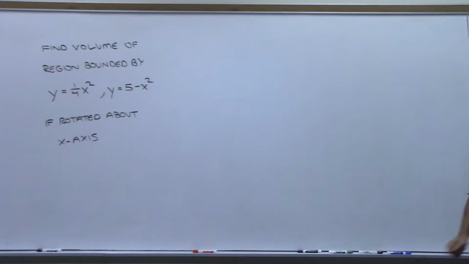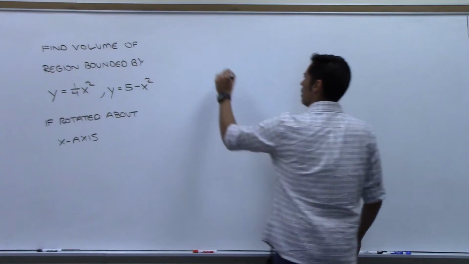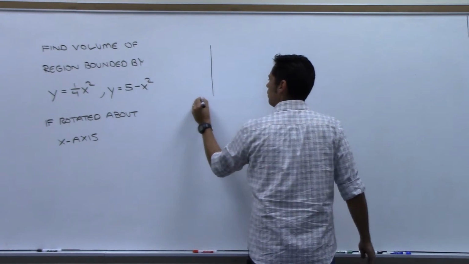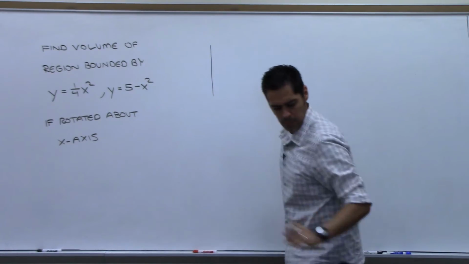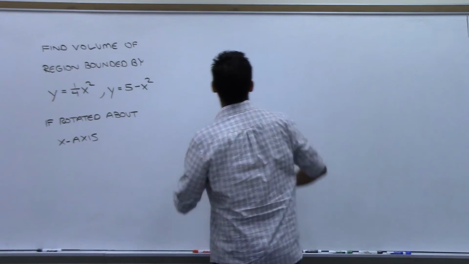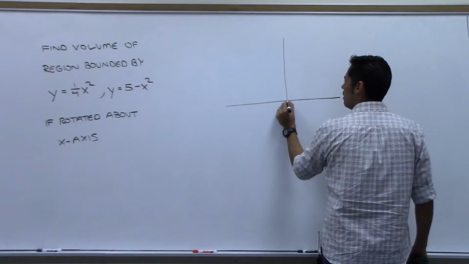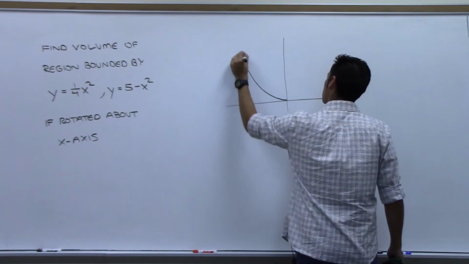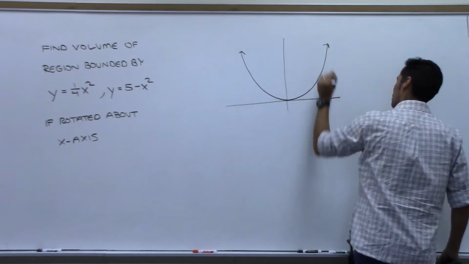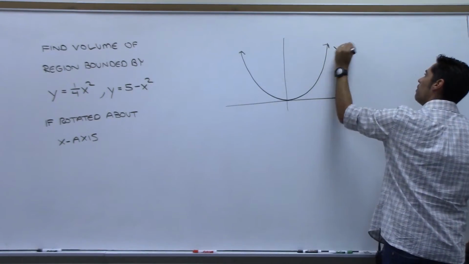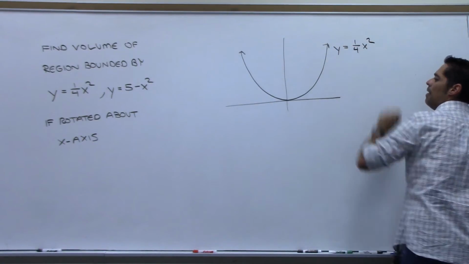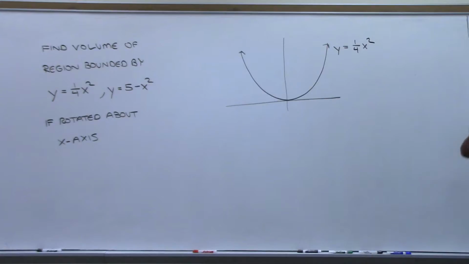Okay, so what do you think we're going to start with? A picture, right? We're going to have to start with a picture. So we have the parabola 1/4 x squared. Looks like this. Y equals 1/4 x squared. And then 5 minus x squared is a parabola that opens down.